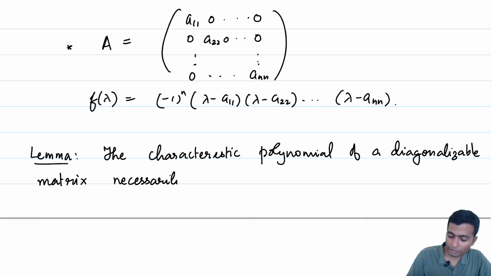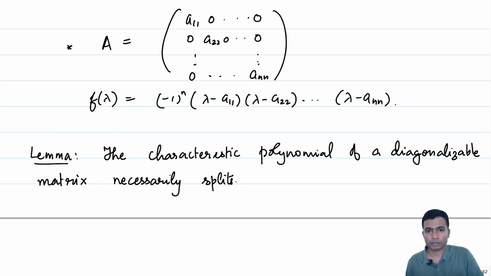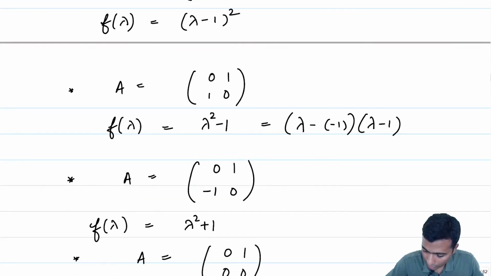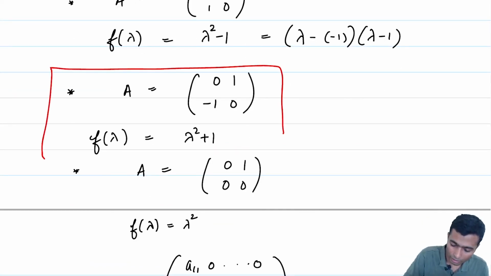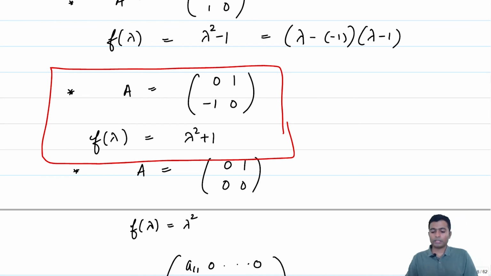So in other words, if we get hold of a matrix whose characteristic polynomial does not split, then that matrix is not diagonalizable. So in particular, let's come back to this example. In this particular case, which I am now putting in red, the characteristic polynomial does not split. So we know for a fact that A is not a diagonalizable matrix.